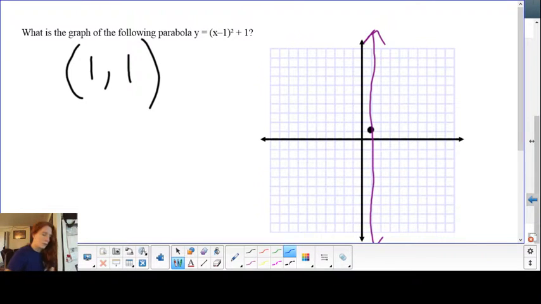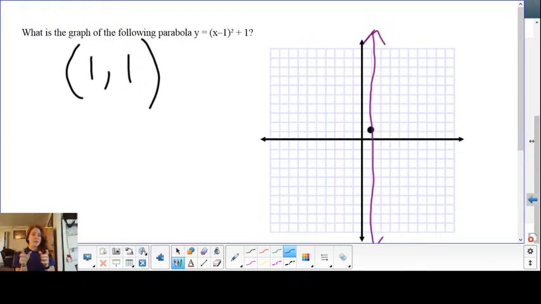Then it tells me to pick 3 x values. Now, when I pick these, I want to either pick 3 to the left or 3 to the right. It doesn't matter, it'll get you the same y values. And when I say left and right, I mean left and right of my vertex point.